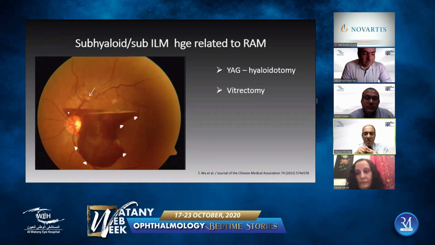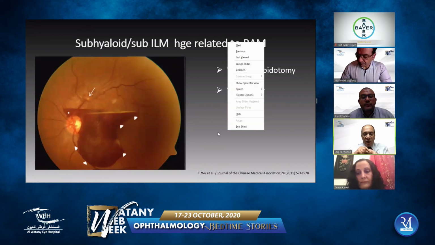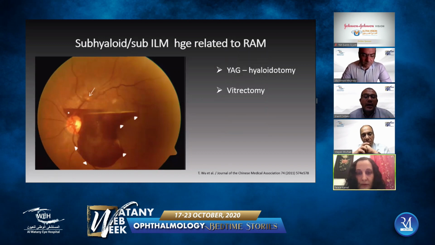And in these cases, I usually prepare a vial of TPA beside me intraoperatively, because I can find the area or maybe more than one layer of submacular hemorrhage beside the periretinal hemorrhage. So I prepare to inject TPA in these cases during surgery, if I need it.